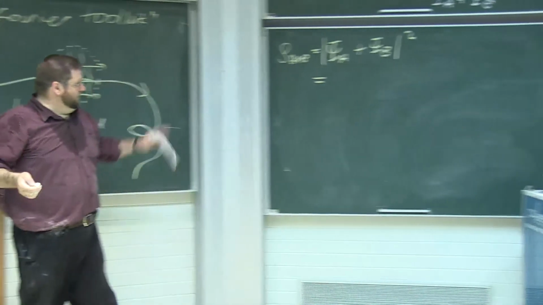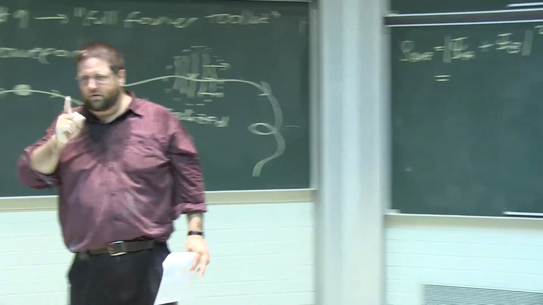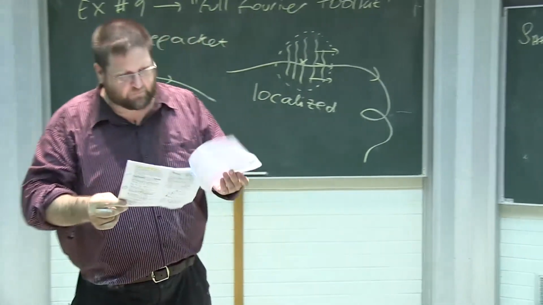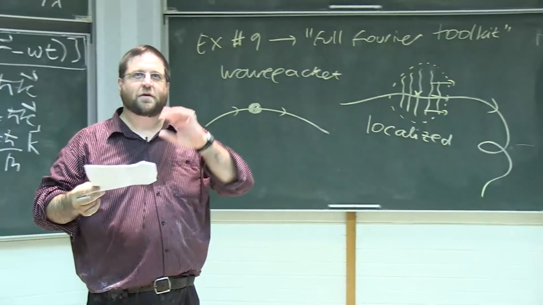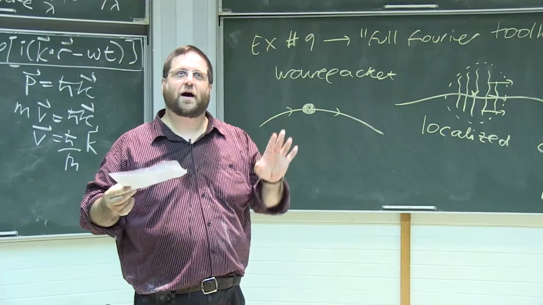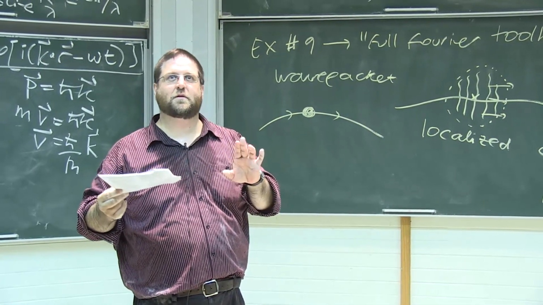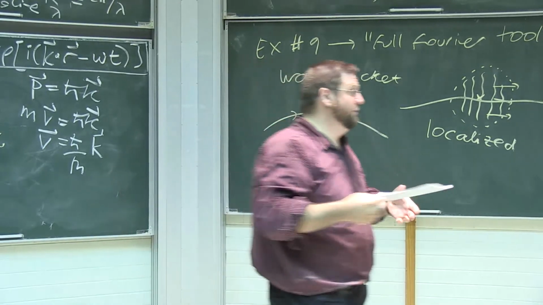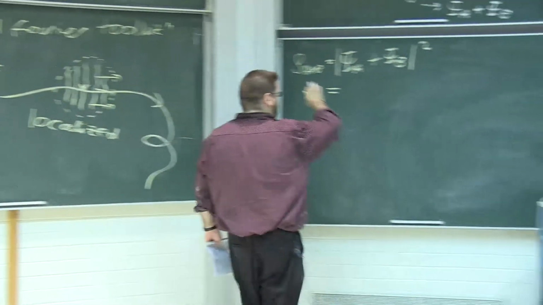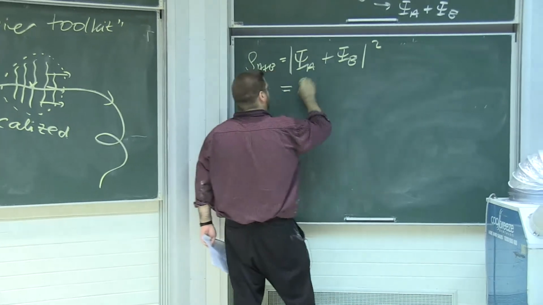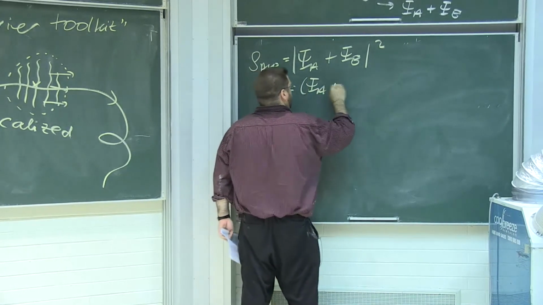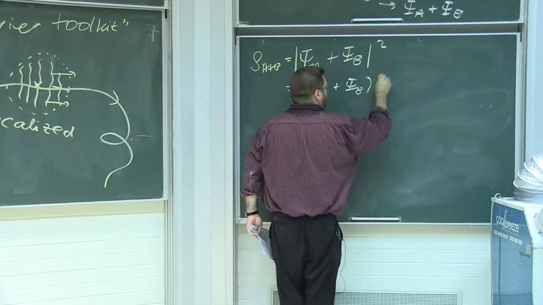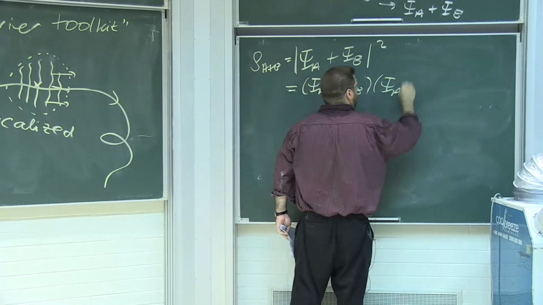Now, one point. If you're at all rusty on complex numbers, you'd be immensely benefited by spending half an hour revising complex numbers, because this course is full of complex numbers, complex functions. To take the magnitude squared of a complex number, for example, you take that complex number and you multiply by its complex conjugate.